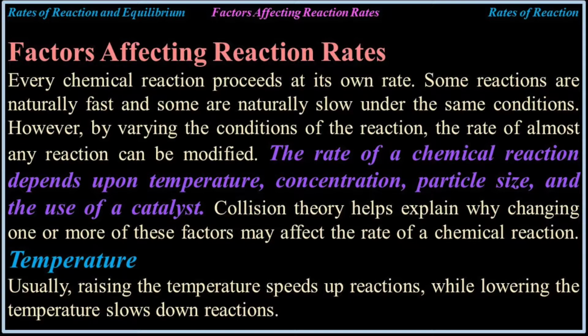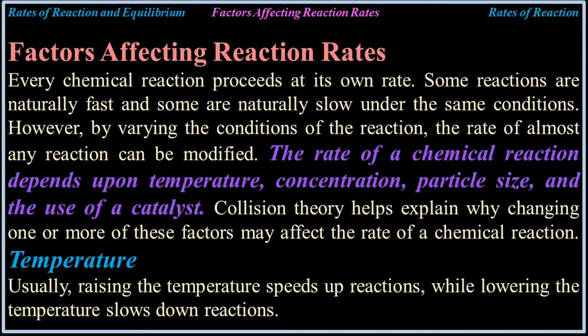The rate of a chemical reaction depends upon temperature, concentration, particle size, and the use of a catalyst. Collision theory helps explain why changing one or more of these factors may affect the rate of a chemical reaction.